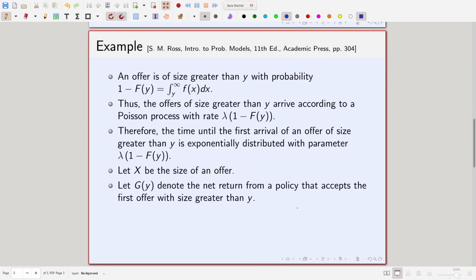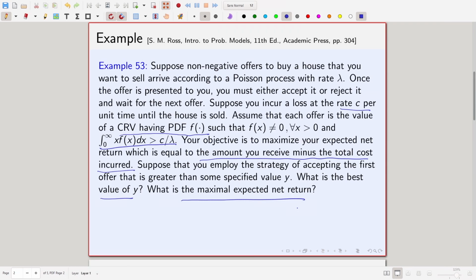Now, an offer is of size greater than y with probability this. Why? Because each offer is the value of a continuous random variable having probability density function f.